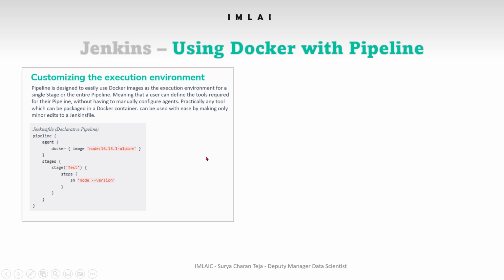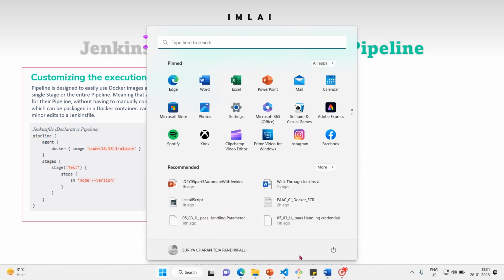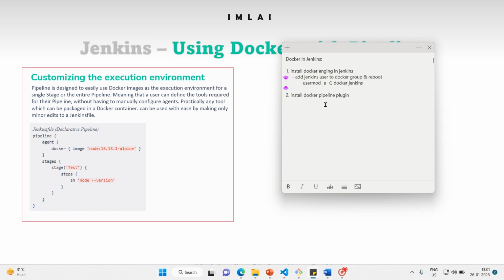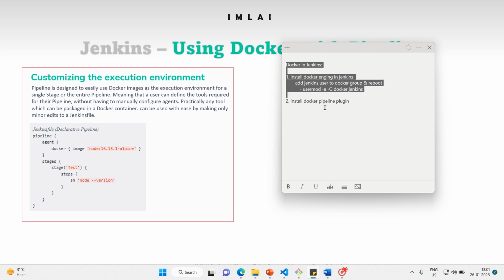So let's get into the action now. For that, we need to do the following things. For Docker in Jenkins, you require a Docker tool and you require a Docker plugin also.